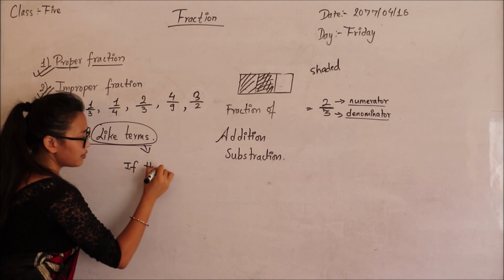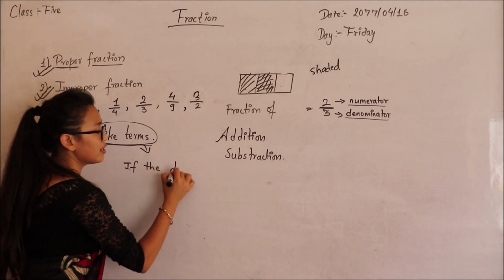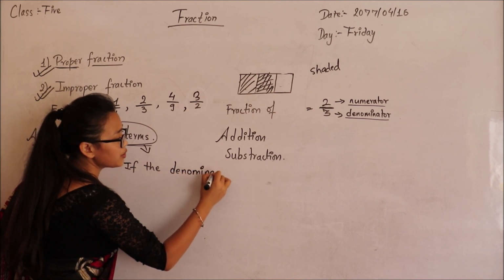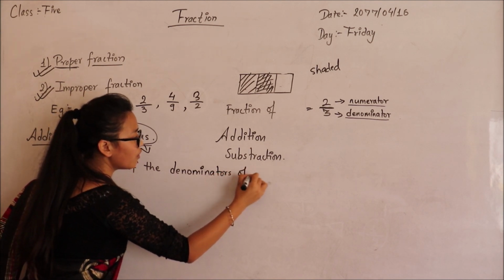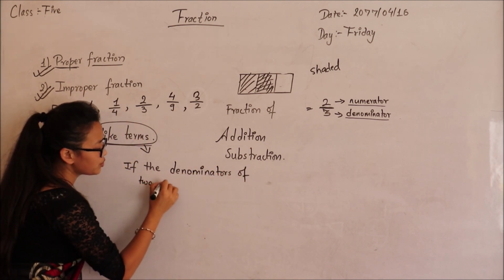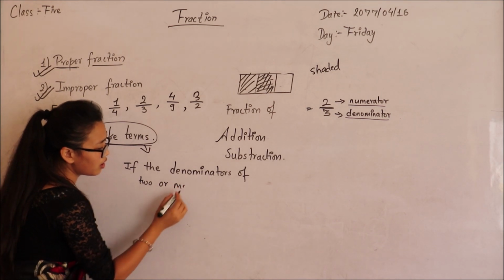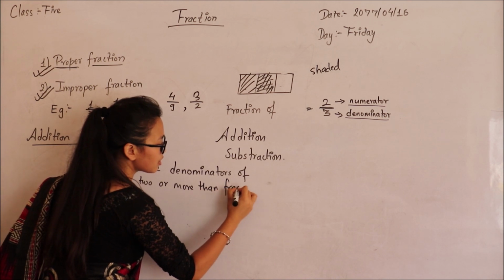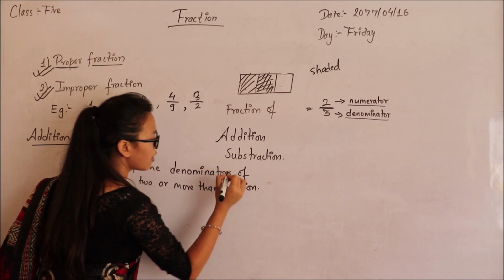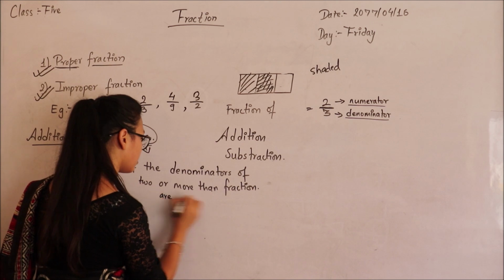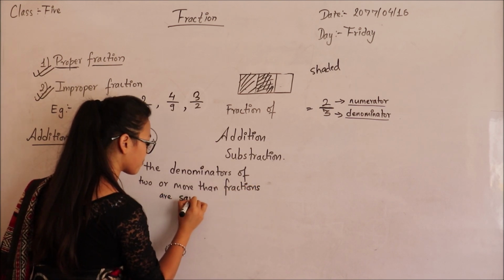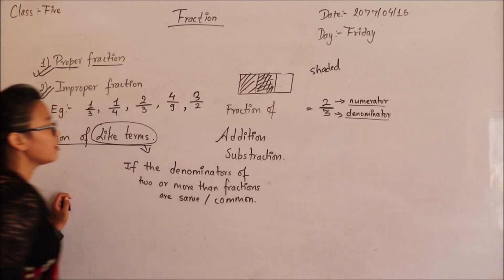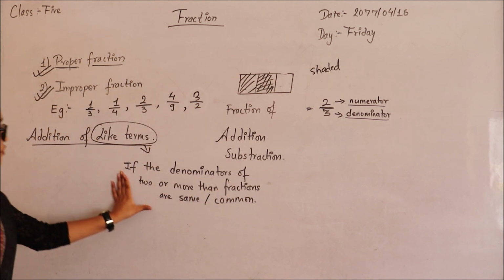If the denominators of two or more fractions are the same, or you can say common, then these fractions are like terms. So here is the definition of like term.